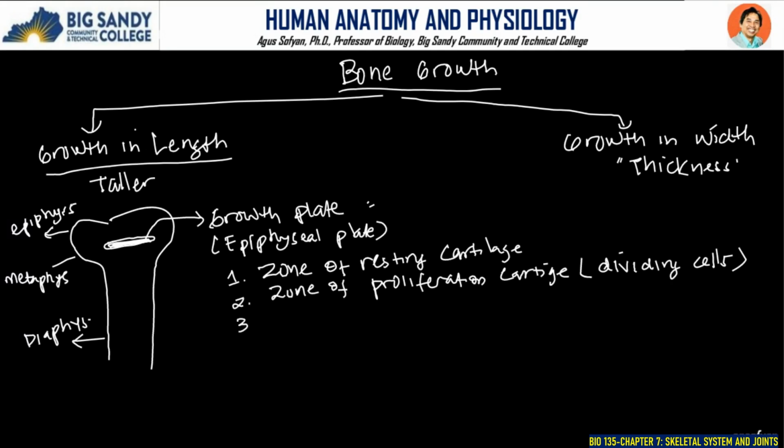And then after that, some cell, after it's dividing, it's become solid a little bit because the calcium will be placed on that zone. And that zone is called zone of hypertrophic cartilage.